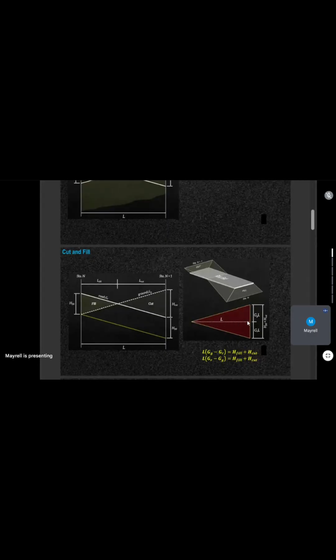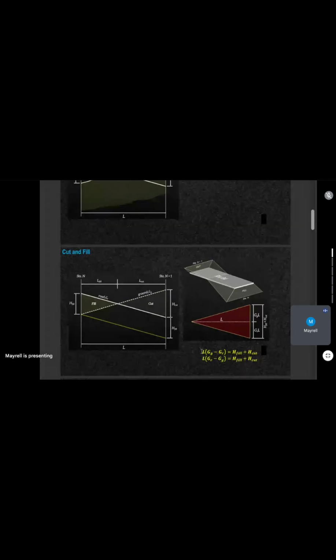So with that, you have this height, that is the grade of the ground times L, and this height, that is the grade of the road times L. It's GR times L. So here you can see this is station N, this is station N plus 1. And this is the road, if straight, that's the road to be constructed. And this is the earth to be filled, and this is the earth to be cut.